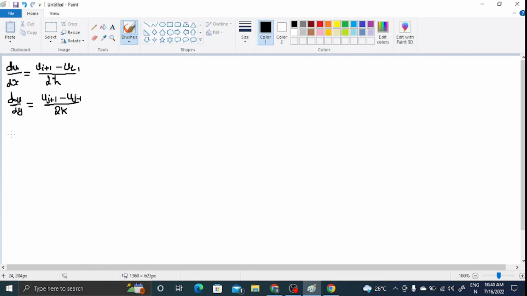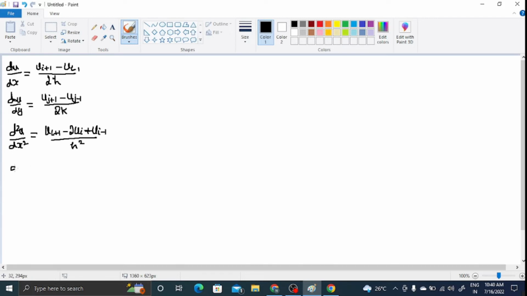Now the second order differentiator, d square u by dx square, can be written as u I plus 1 minus 2 u I plus u I minus 1 divided by h square.